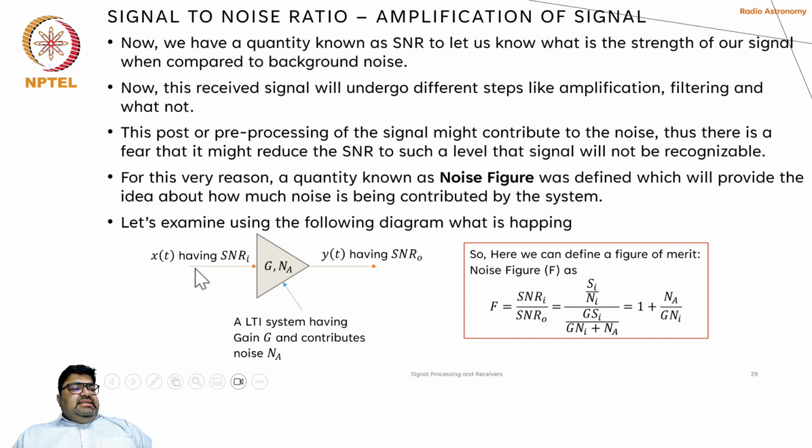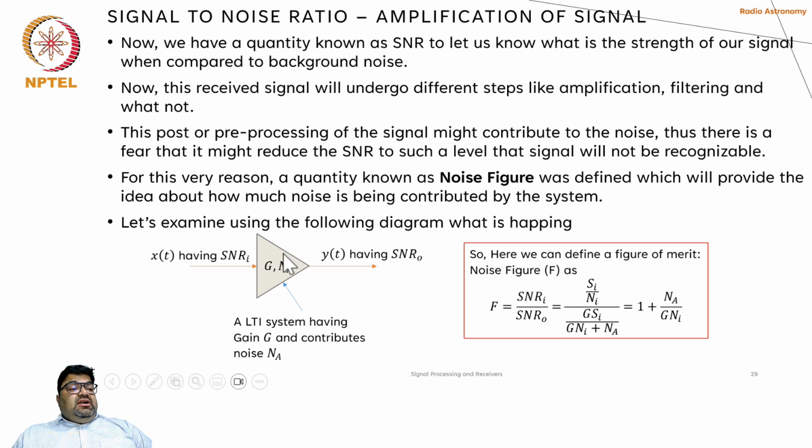Say x(t) is the input signal to this amplifier, and y(t) is the output signal, and the signal to noise at the beginning is SNR_I, and leaving at the output is SNR_O. This particular amplifier is an LTI system having gain G and noise figure N_A.